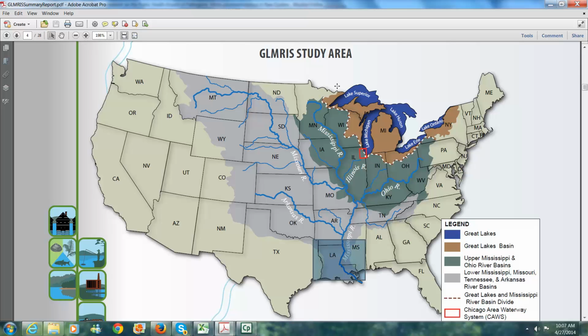And you see here the dotted line, white and red dashes, that separate the brown from the green. This is about a 1,500-mile long boundary between the two watersheds. And so the United States is concerned about non-indigenous species in the Mississippi rivers that might get into one or more of the Great Lakes, and they are equally concerned about non-indigenous species in the Great Lakes that might get into the Mississippi River Basin.